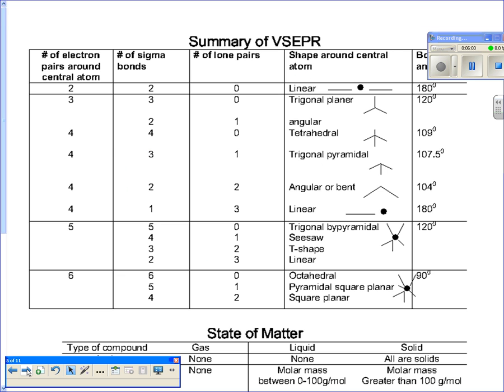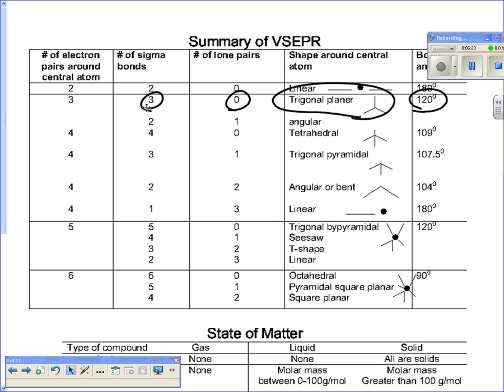So when we take a look at the VSEPR chart, I can see that when I looked at the CO around the C, it had 3 sigma bonds connecting those oxygens. So I have 3 sigma bonds. I didn't have any lone pairs. So I can see that the shape is trigonal planar with a 120 degree bond angle.